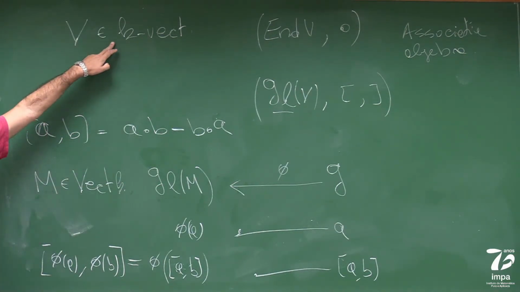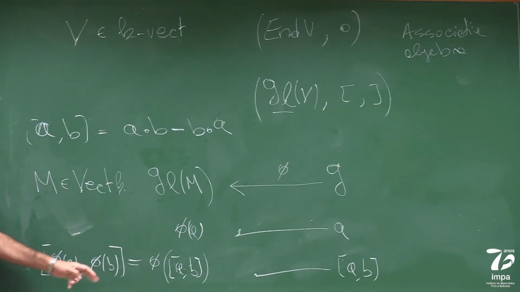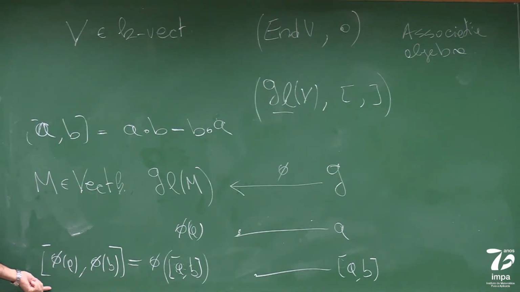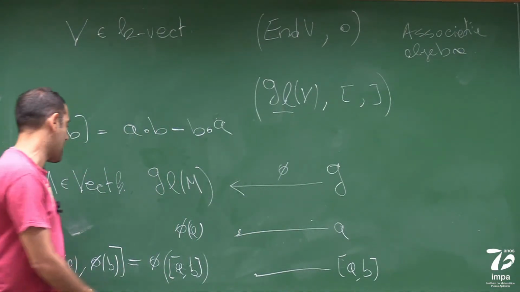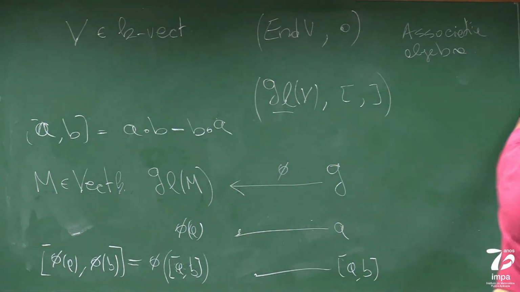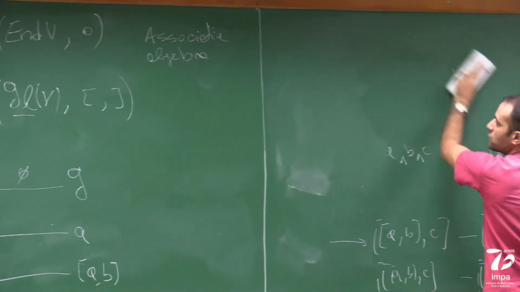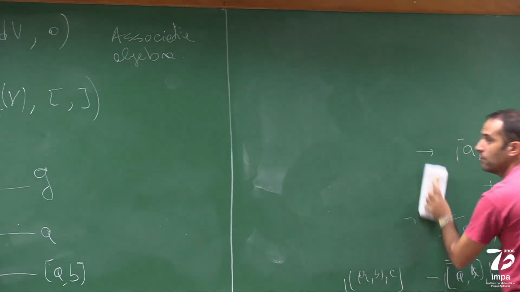I just showed you that any vector space has a canonical Lie algebra structure. So that's a morphism of Lie algebras from G to GLM. Okay? And now I read this by noticing that elements of GLM are actually endomorphisms of M.